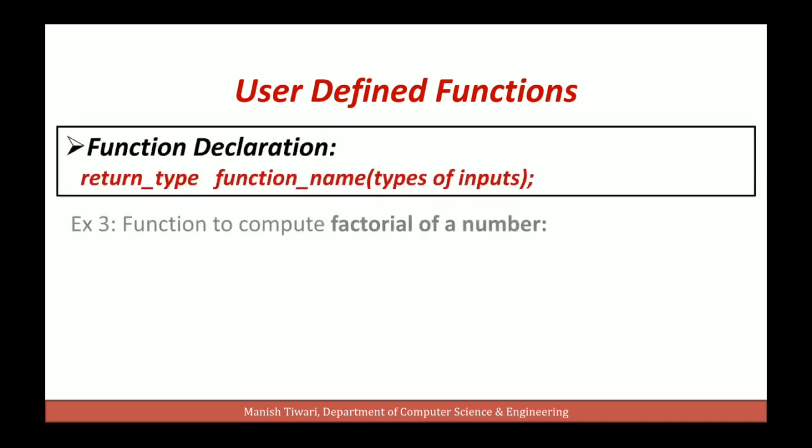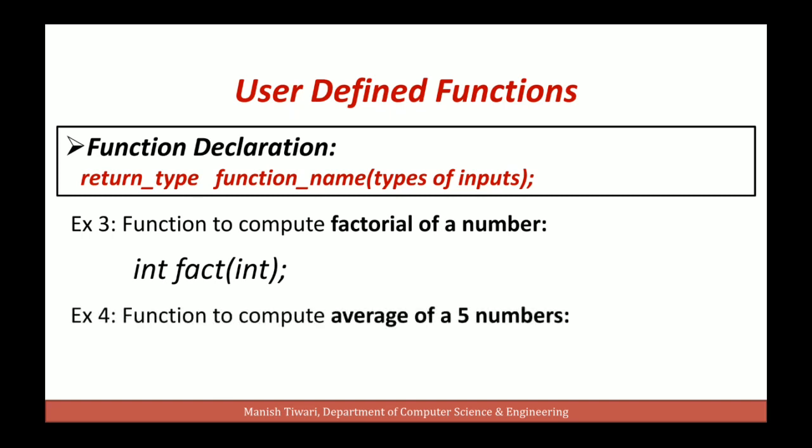And suppose we want to make a function which can compute the factorial of a number, then of course this function should take one integer as input and it will give one integer as output. We can think of any name for this function, say fact. So the prototype declaration of this function will be int fact int.